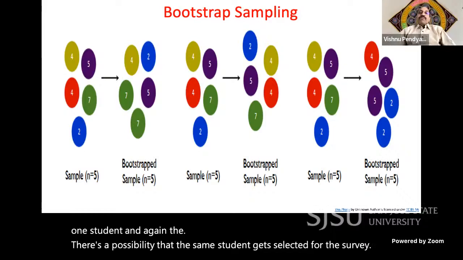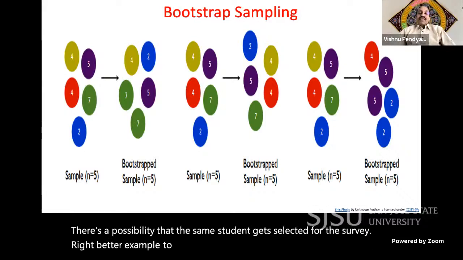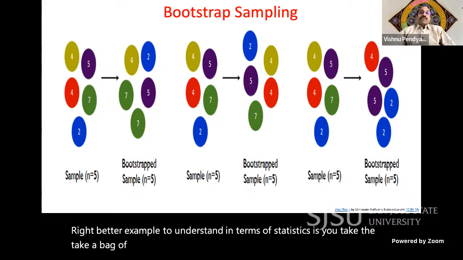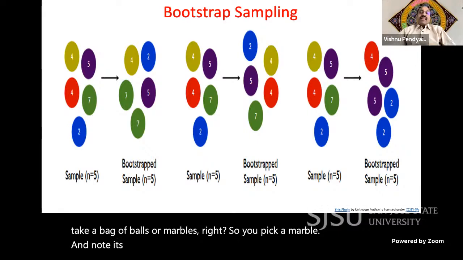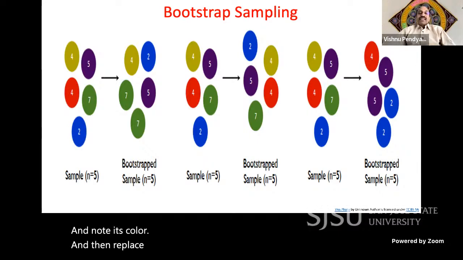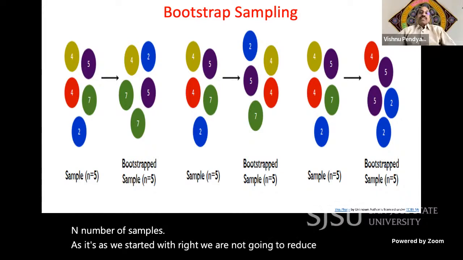A better example to understand in terms of statistics is you take a bag of balls or marbles. You pick a marble and note its color, and then replace it back into the bag. So the bag always has n samples, as we started with. We are not going to reduce the number of balls or marbles in the bag.